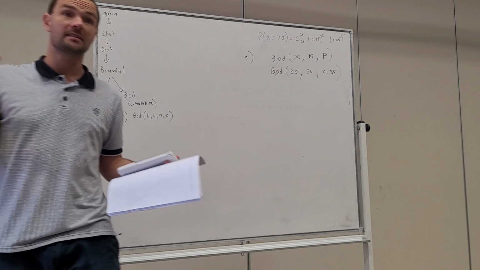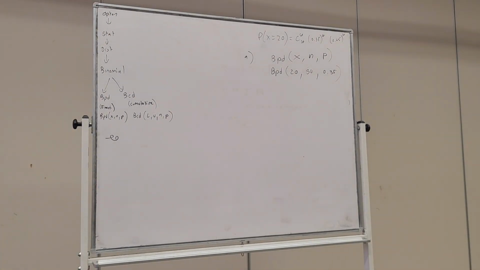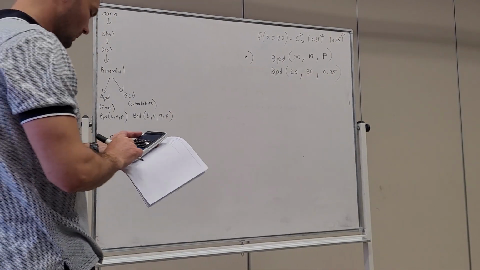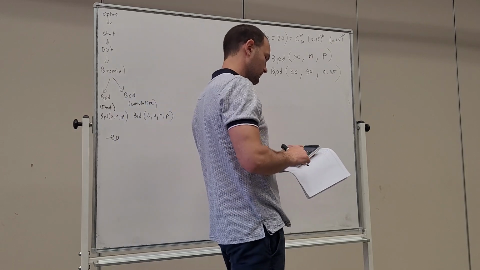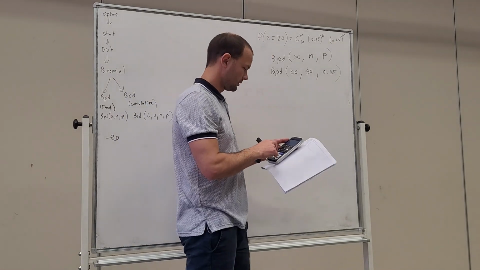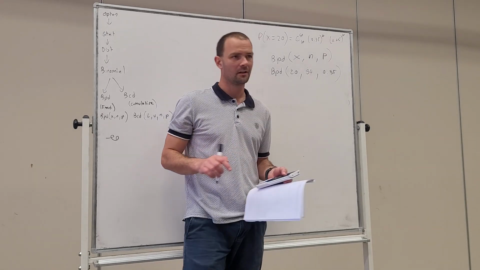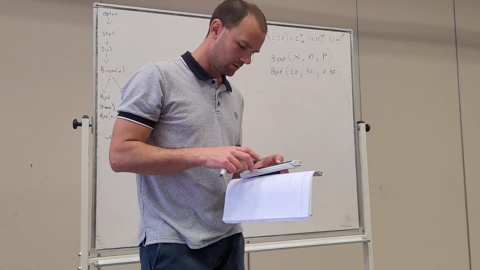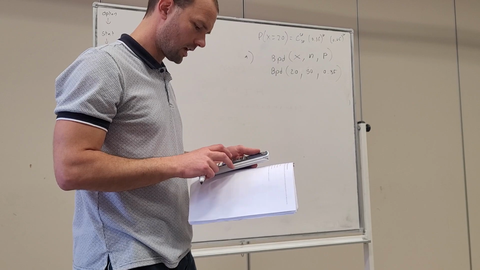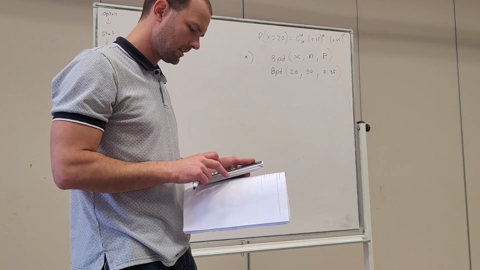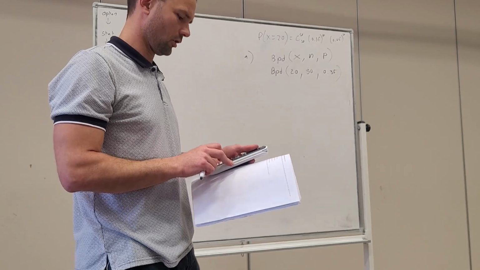So much faster to type into your calculator, right? BPD 20, comma, 50, comma, 0.35, close the bracket, execute. Where's the comma? Just below the cos button.